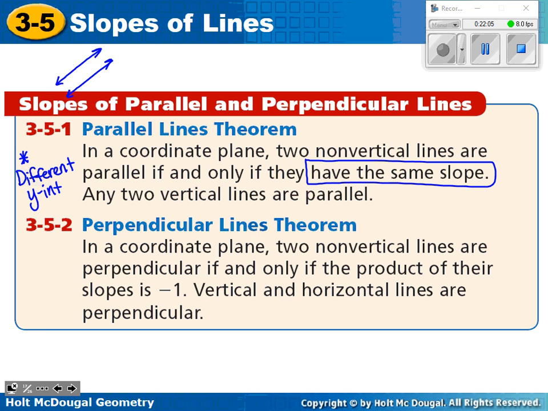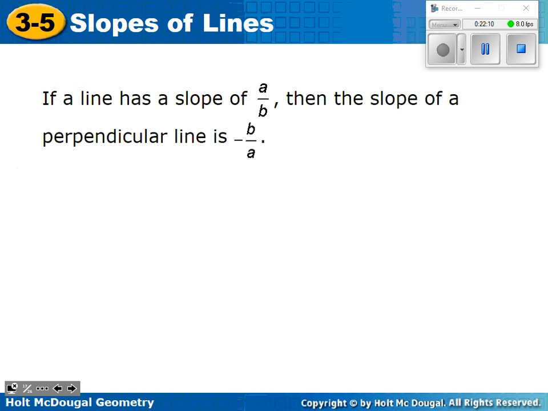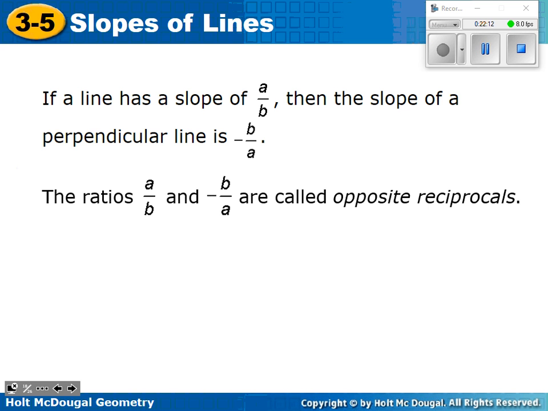Okay, then that's new for geometry today. So that is listed differently here, but if you flip over, this is how most textbooks and most teachers teach it, that perpendicular lines are going to have opposite reciprocal slopes. And that's probably the easier way to think about it. They have opposite reciprocal slopes.